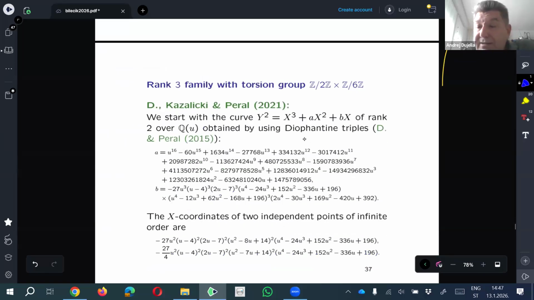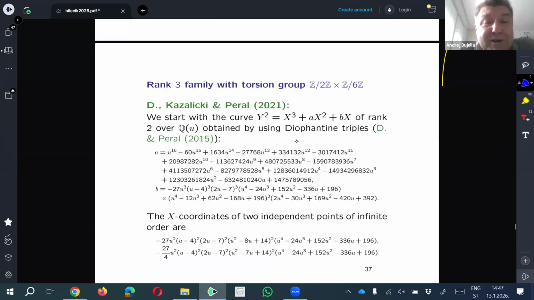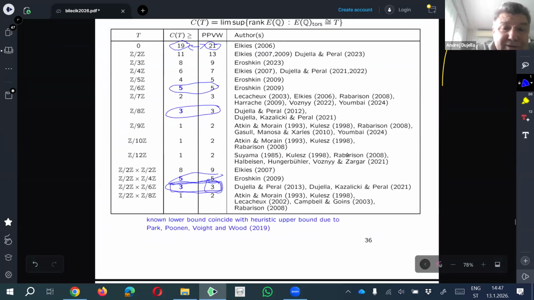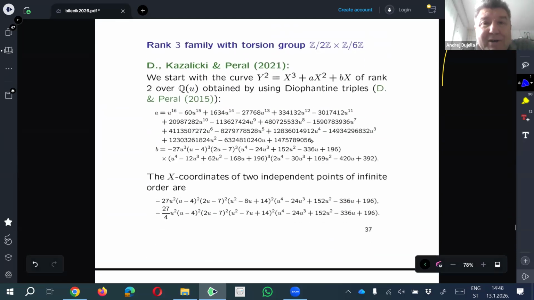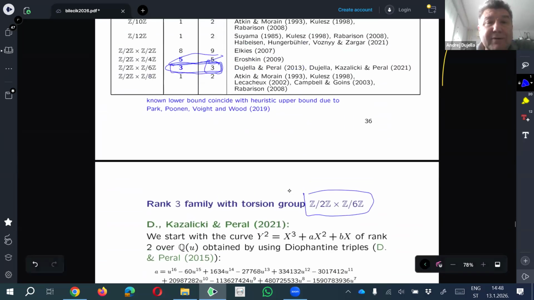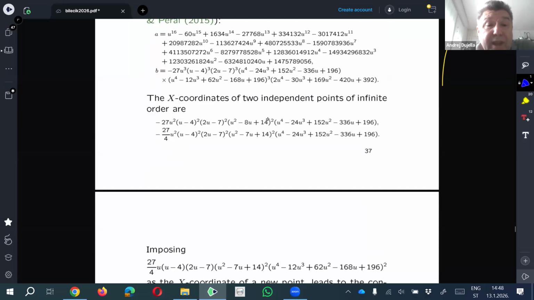But the last result before open questions somehow problematizes these blue quantities. Here I will give only a few details, in this largest torsion group of that shape, namely joint work with Matija Kazalicki and Juan Carlos Peral.